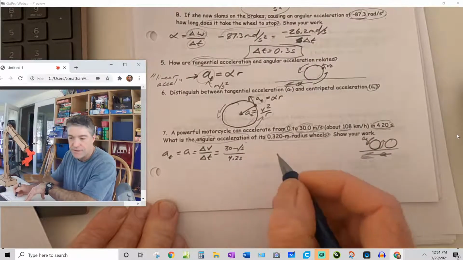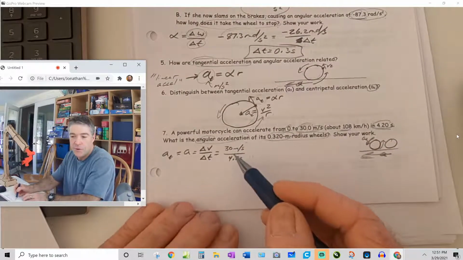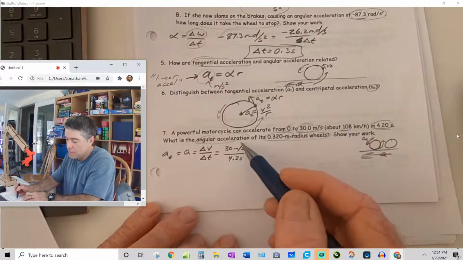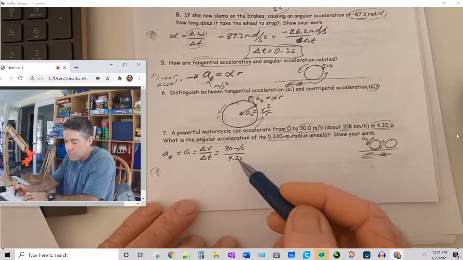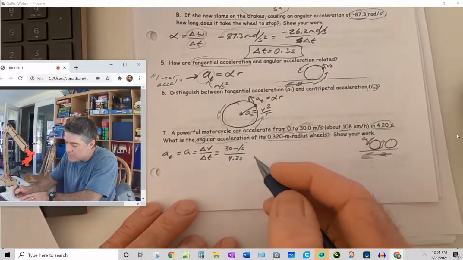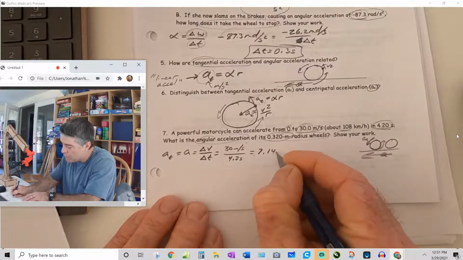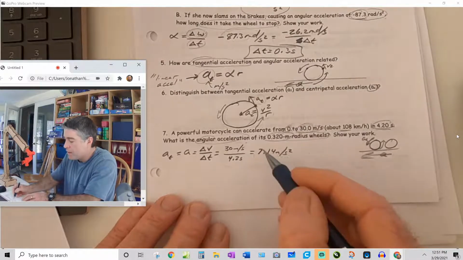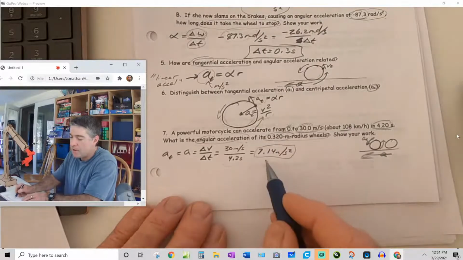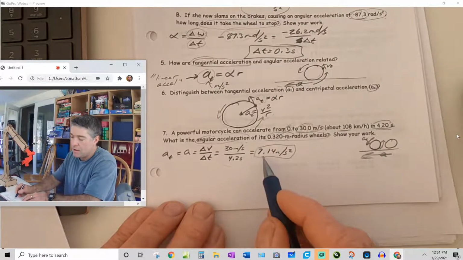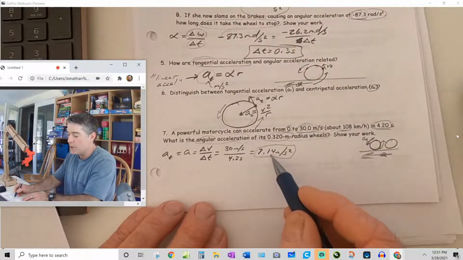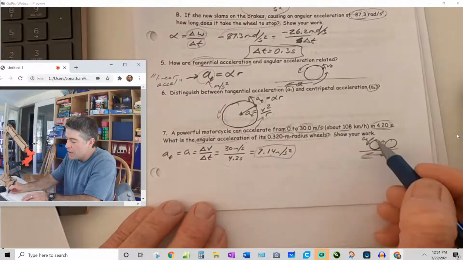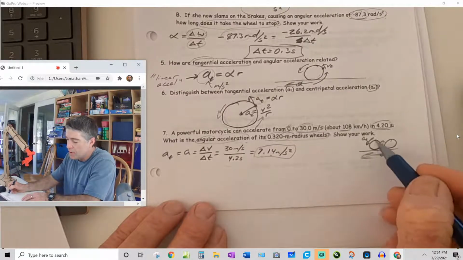So this is, from the beginning of the year, simple kinematics, the straight up acceleration of this. 30 divided by 4.2 is 7.14 meters per second squared. So for every second that goes by, the motorcycle is moving 7.14 meters per second faster, and a point on the surface of the wheel tangentially is moving 7.14 meters per second faster.